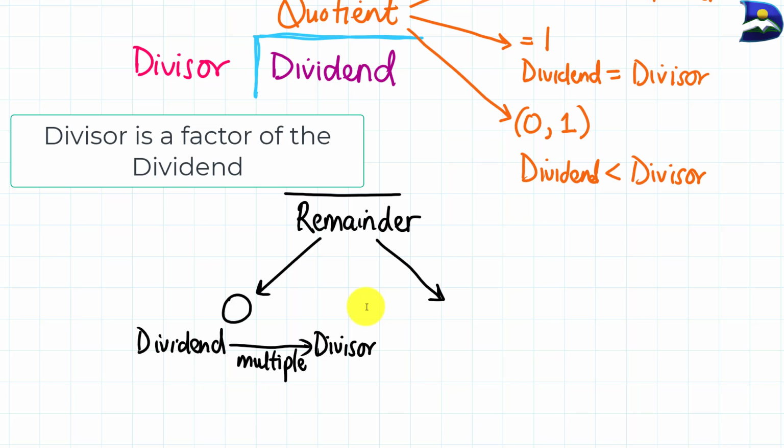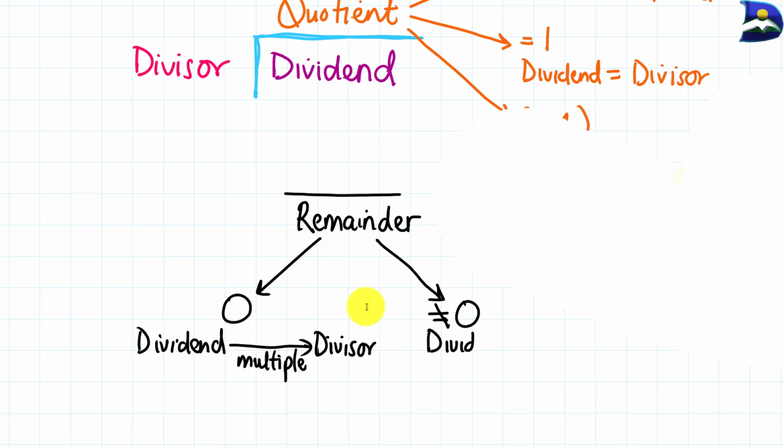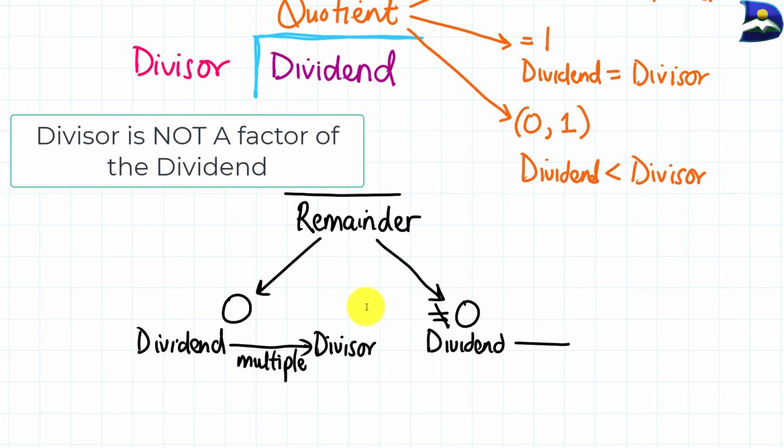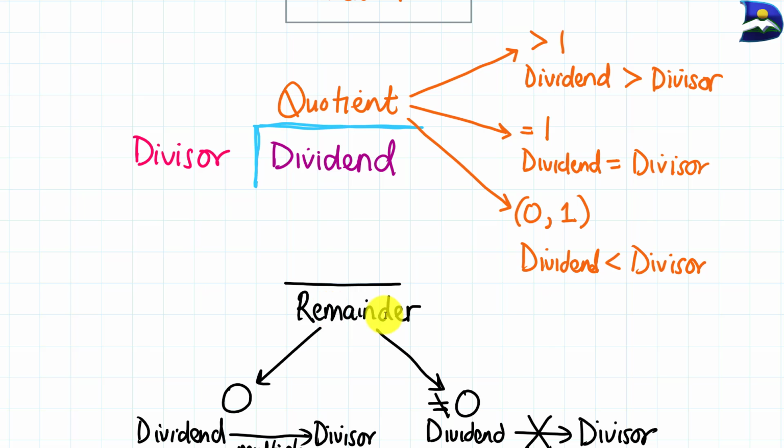Or on the other hand, we have a non-zero remainder, which means that our dividend is not a multiple of what? Our divisor. And this is how it looks for our criteria, not only in terms of our remainder for these two to be established, but also for our quotient, which shows the 3 criteria that our quotient meets.